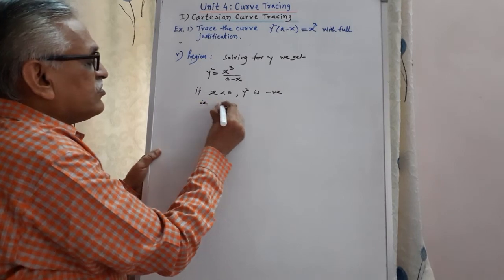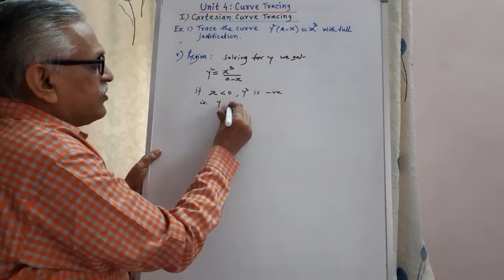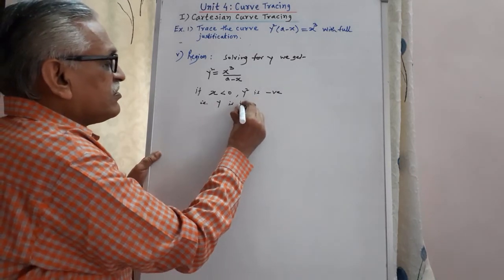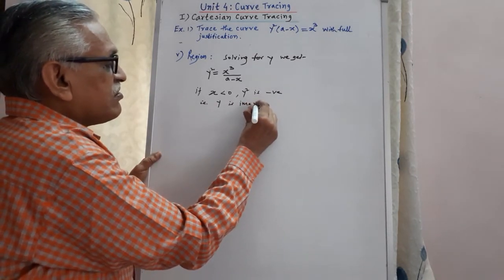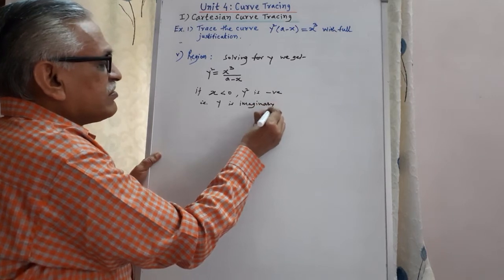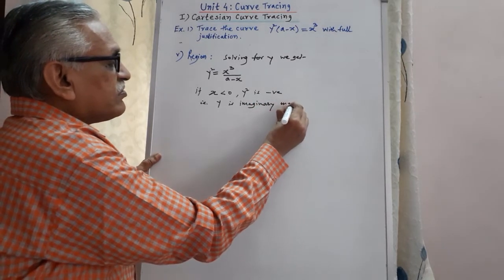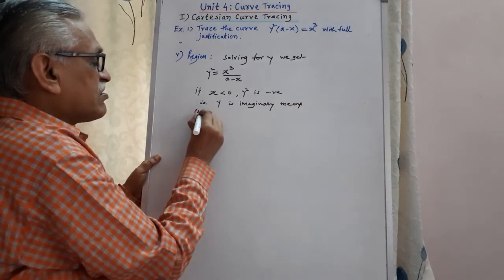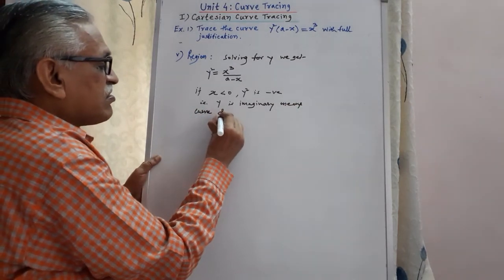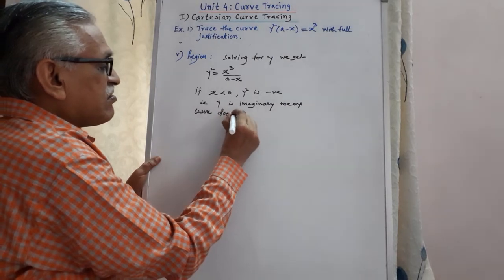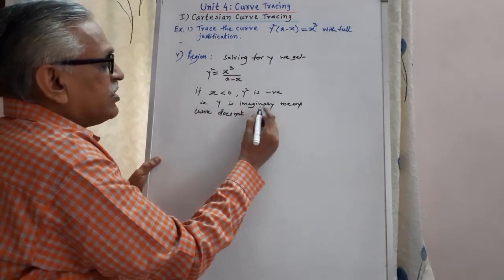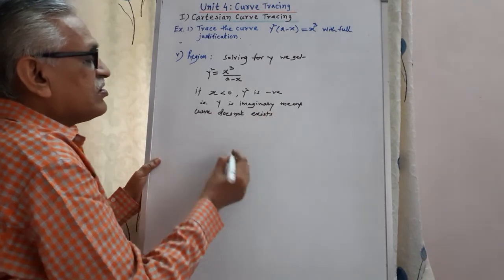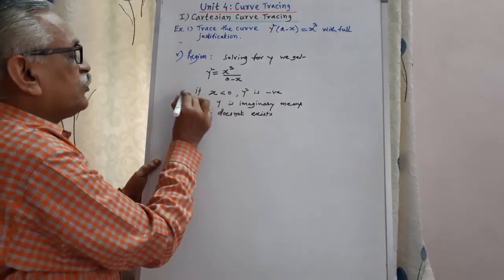That is, if you take the square root on both sides, we get root of negative term as imaginary, means curve does not exist for x less than 0.